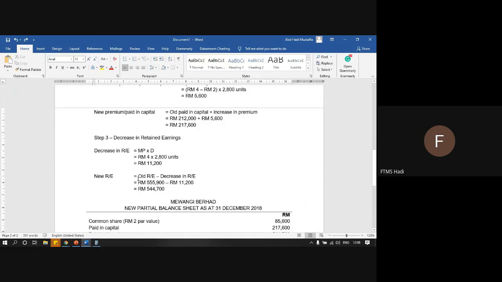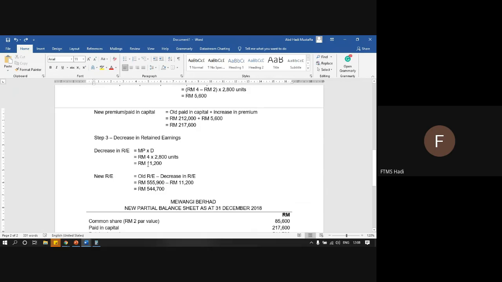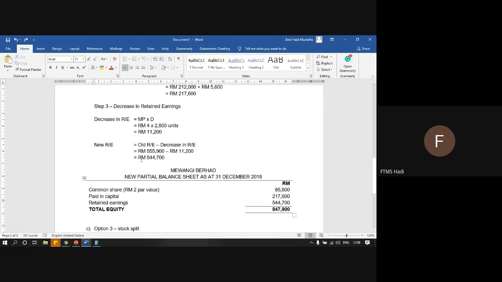And then the new RE, which is old RE minus. Okay, you see why minus? Because they said decrease. Decrease, that means you need to minus. The old one, 555,900 minus 11,200. Press the calculator, you will get 544,700.